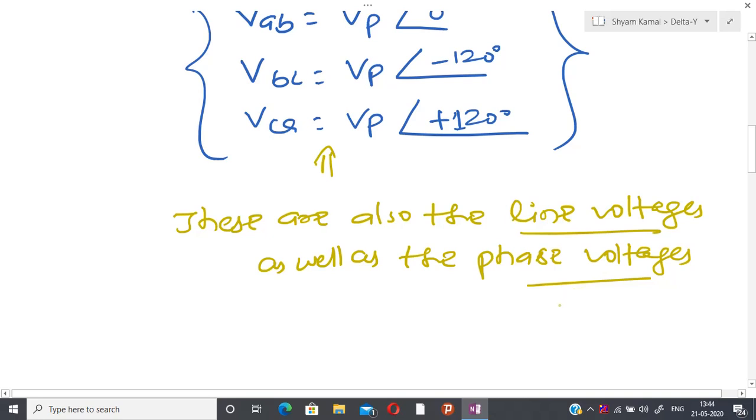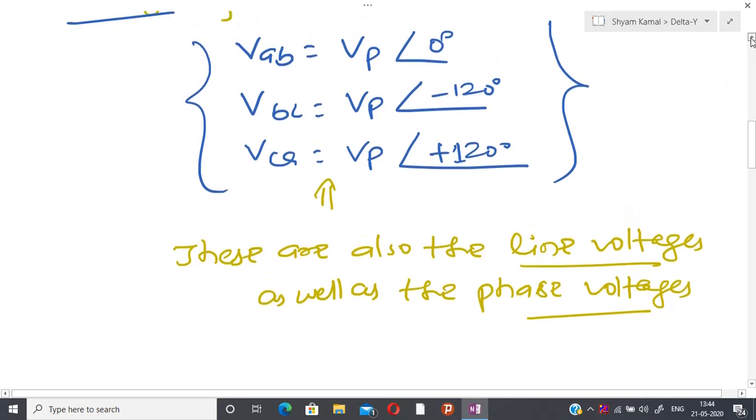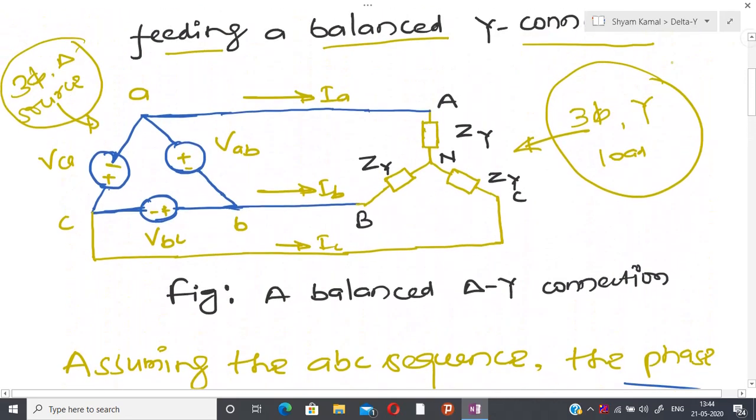Now I have to obtain the line current. Line current means, you can see here that I am assuming the small a here, and the capital A here, and I am connecting this small a to capital A by some wire.